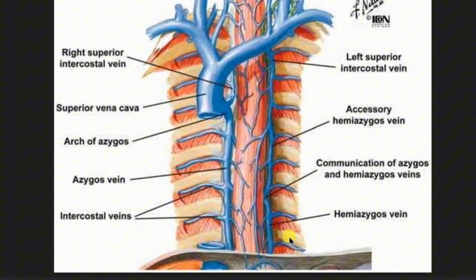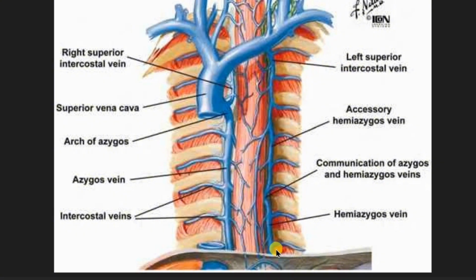Let's see how we can recognize them, where they start and where they end. The azygos vein, as you can see, is the branch coming from the superior vena cava. First it makes an arc, then it runs downwards as the azygos vein. And on this side, as you can see, the hemiazygos vein is first the accessory hemiazygos vein, and before it, the left superior intercostal vein.